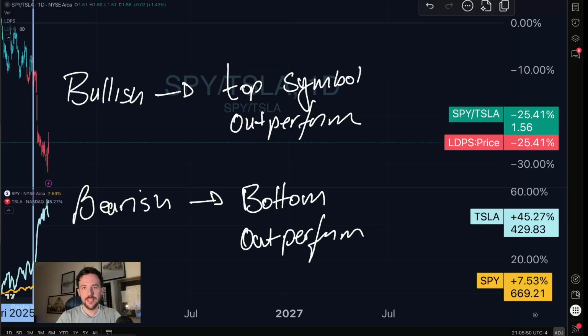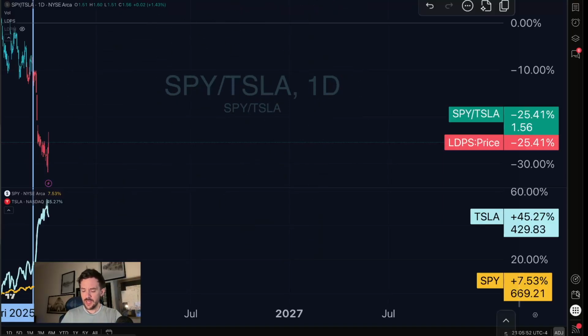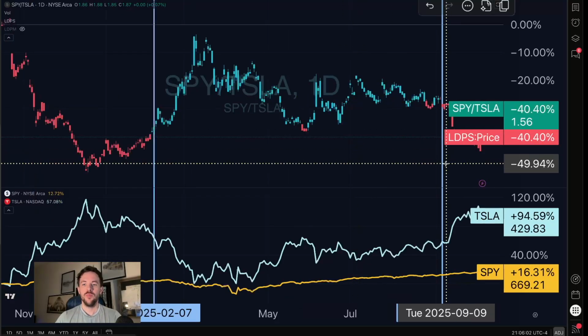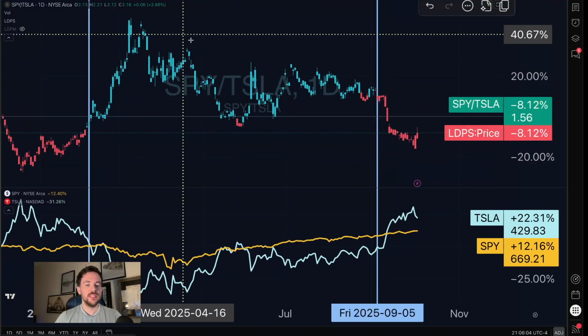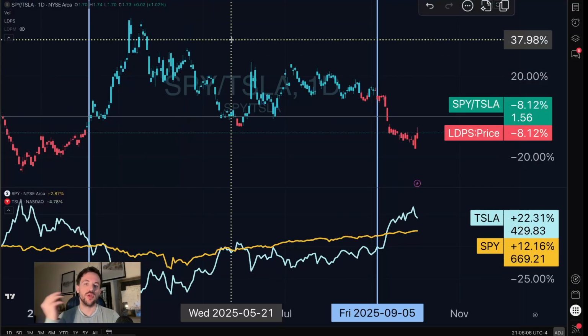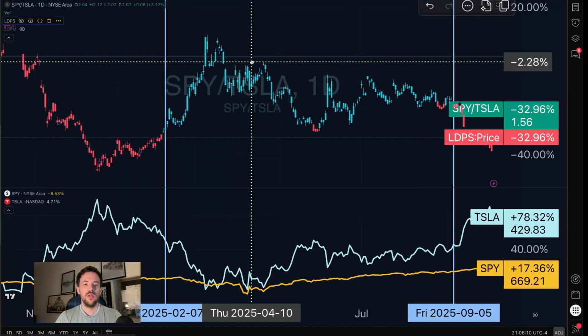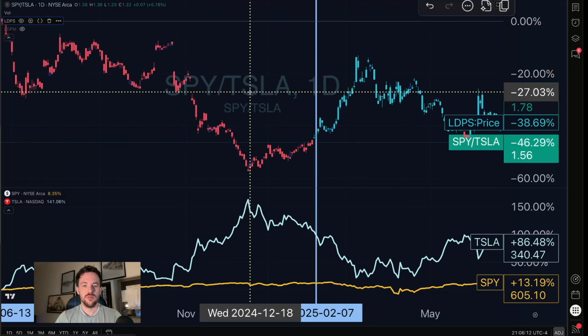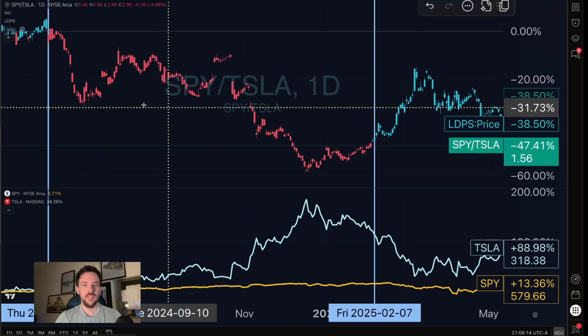So pretty nifty, right? So the last question is, well, okay, cool, but why? You know, I'm sure you have a lot to do. So why would we do this? Well, if we look real quick, this is SPY over Tesla. So we're looking at the relative performance of SPY versus Tesla. Let's just map out this group.